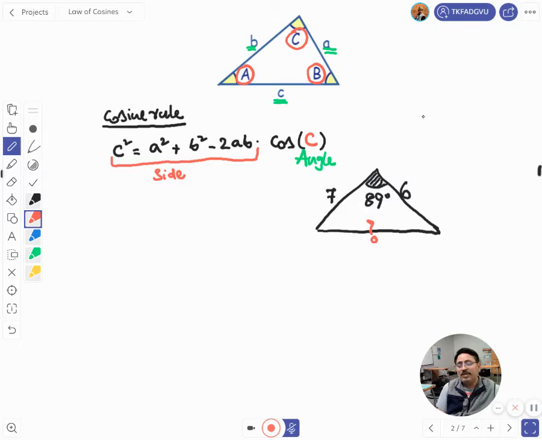Let me assume that one side is a, the other side is b, and here side c is missing.